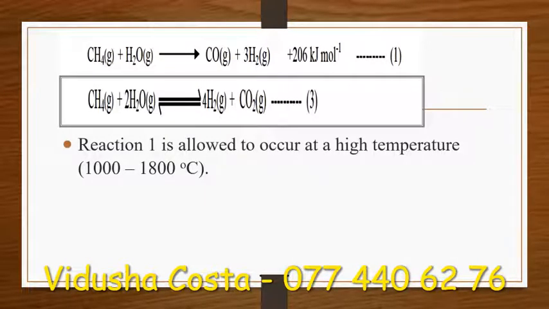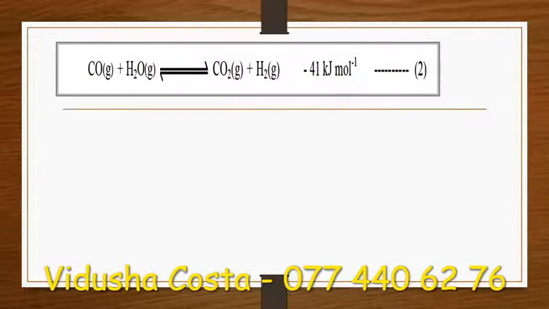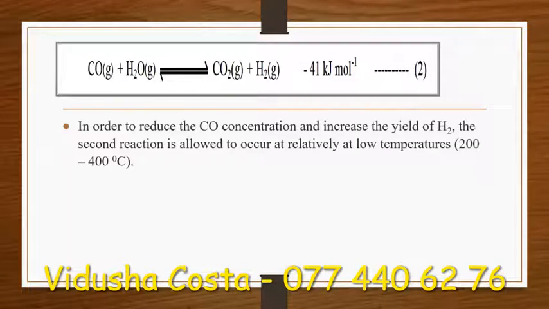Normally, reaction 1 is allowed to occur at high temperature, about 1000 to 1800 degrees Celsius. At that high temperature, the third reaction can also take place because it also needs a higher temperature. And now I told you the second reaction takes place at a lower temperature.